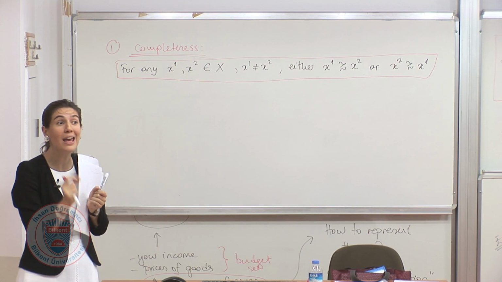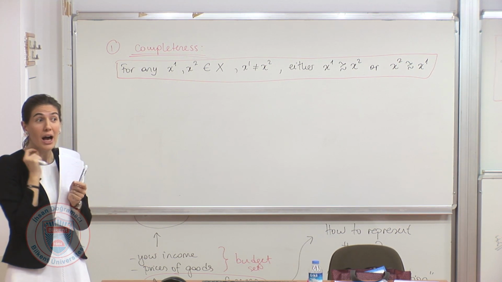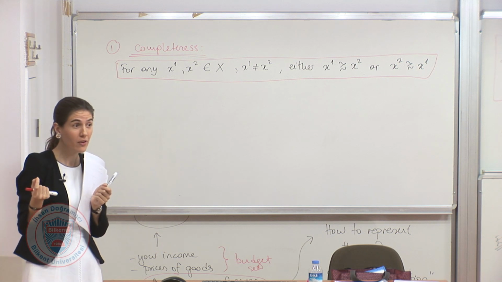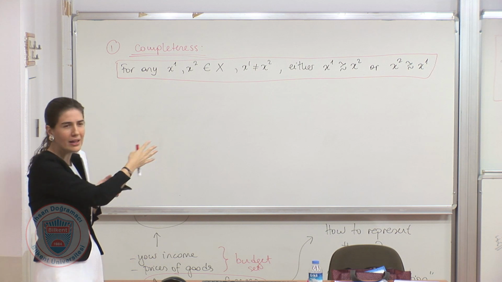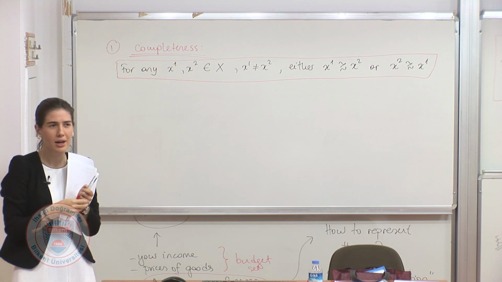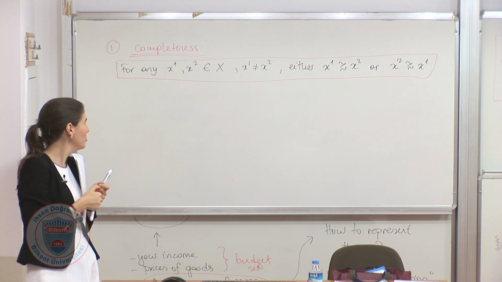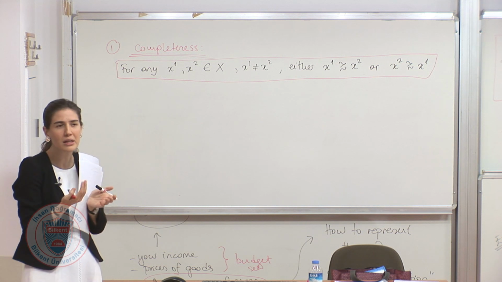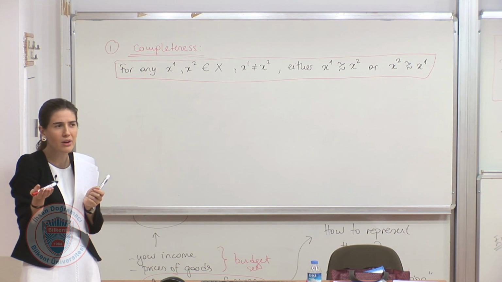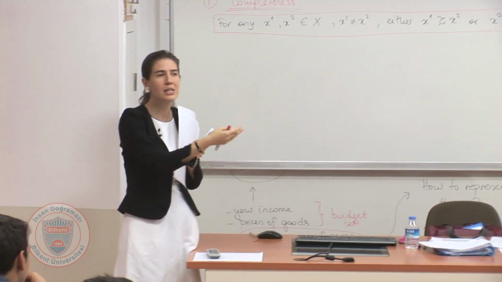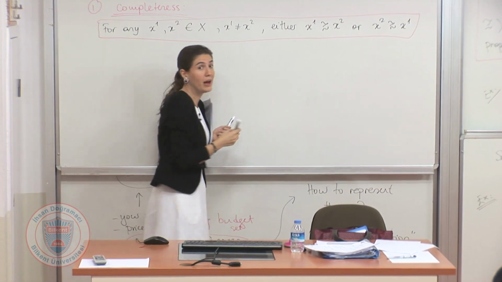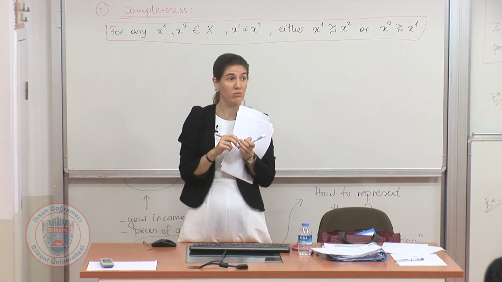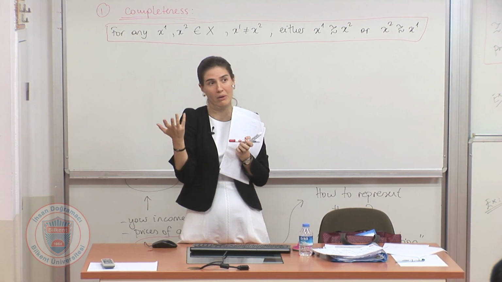I should be able to say something. I cannot say I don't know. It might look too technical, but that's basically what it means. You should be able to say either this or this between any 2 bundles. You cannot say, oh, I don't know which one I like.